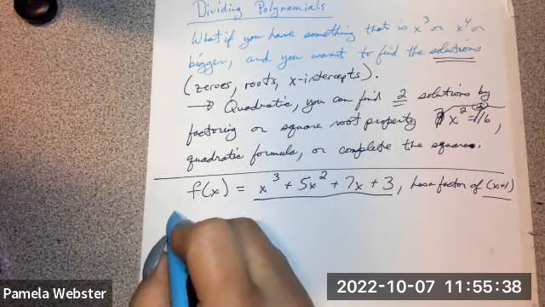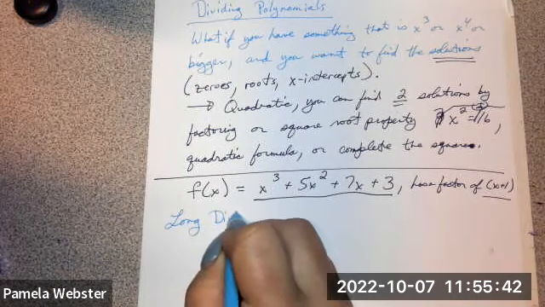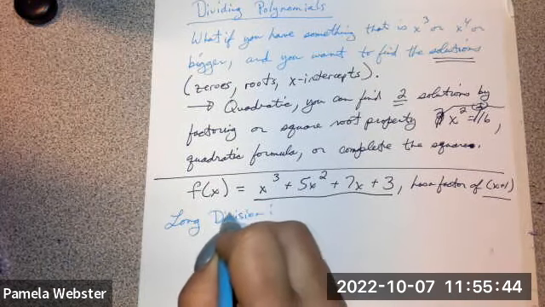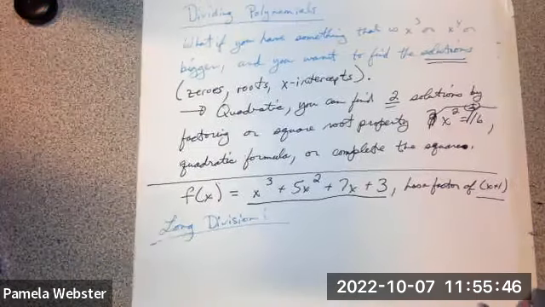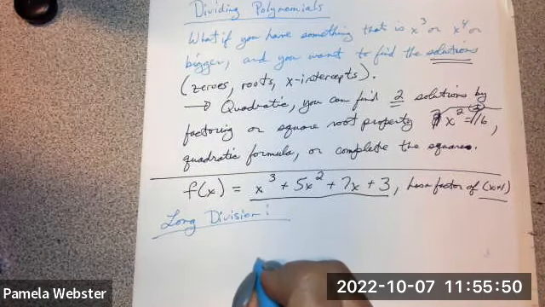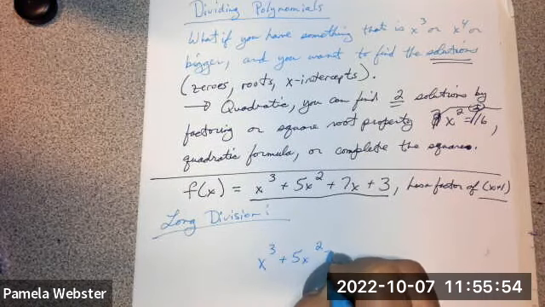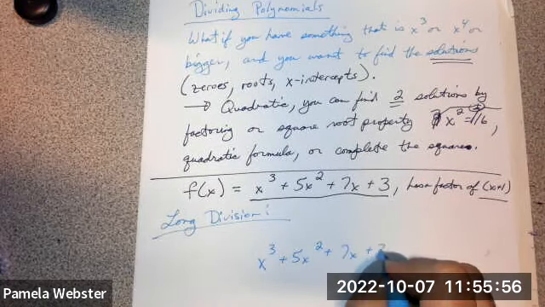We're going to do it the normal long-handed way first, which is long division. You've seen long division with numbers, but maybe you've never seen long division with polynomials. So that's what we're going to do.